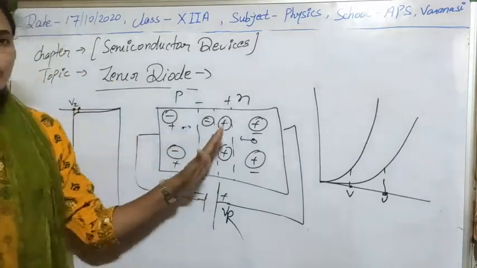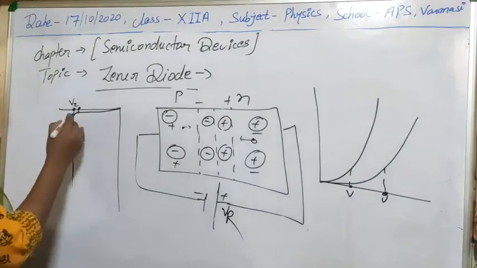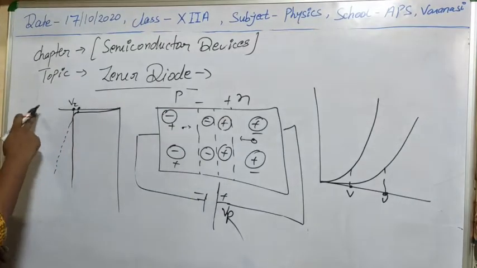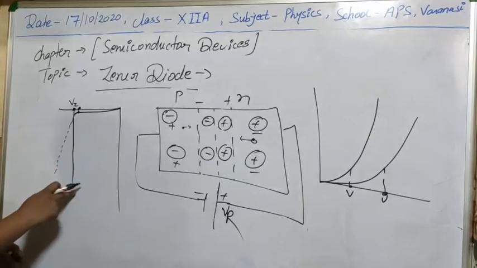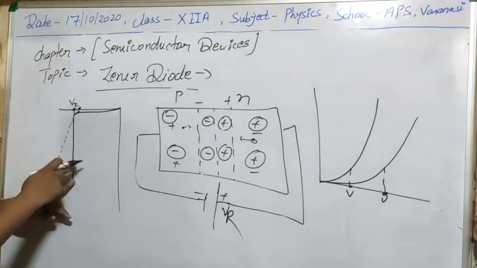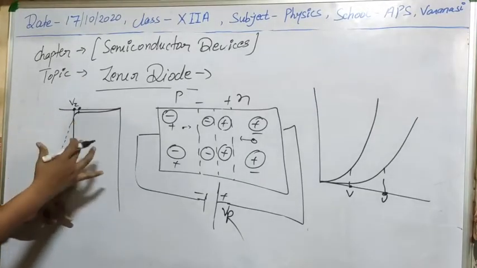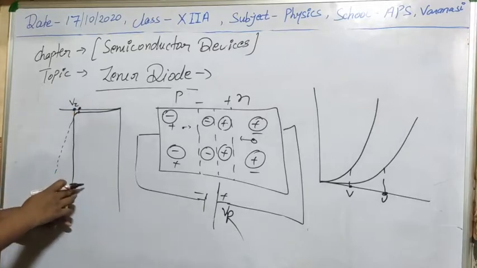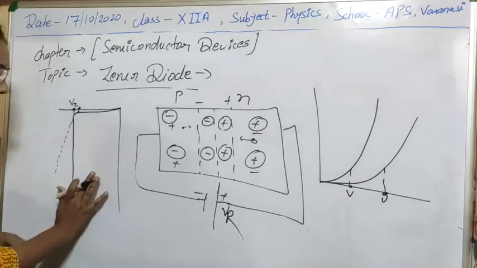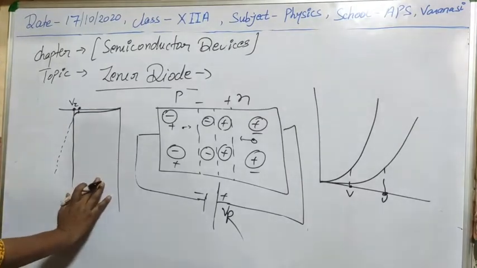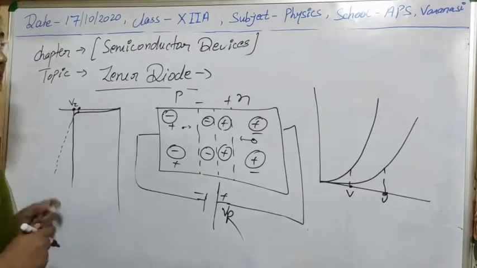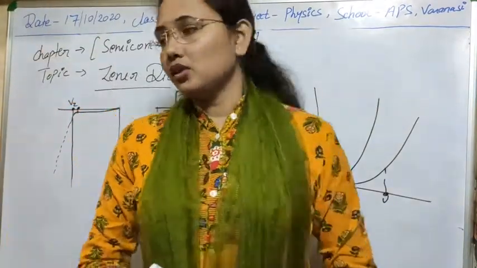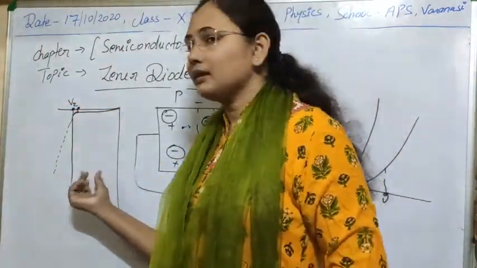So that's why there the graph was increasing with increasing potential, but in the case of Zener diode, since all the bonds break at a certain point, the current becomes constant here. So as the current becomes constant, this characteristic is different from the reverse characteristics of PN junction diode. So I think this is now clear to you.